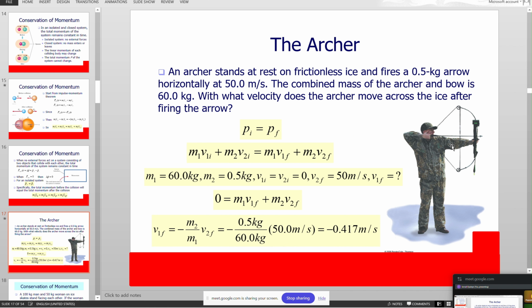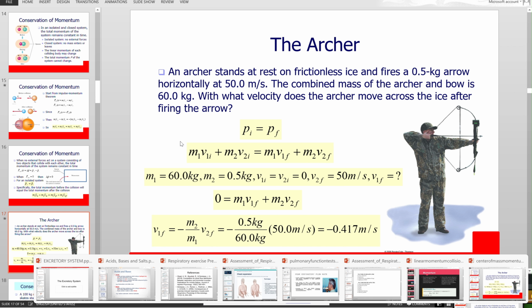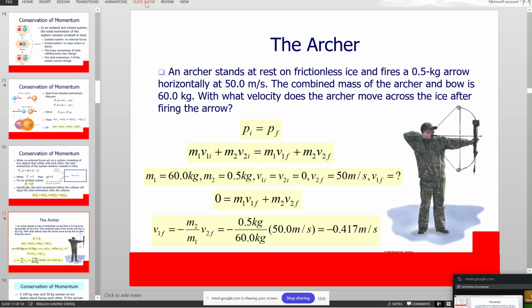The effect is the rebound that the person that shoots also experiences. So that is why we have this velocity to be negative here. Okay. So that's about the archer and the bow.